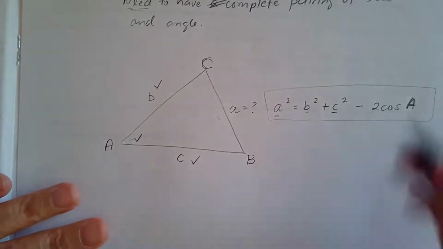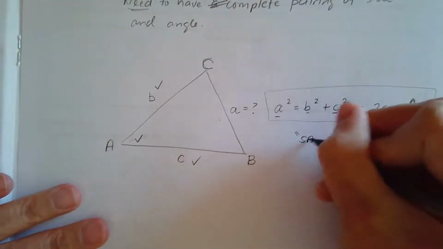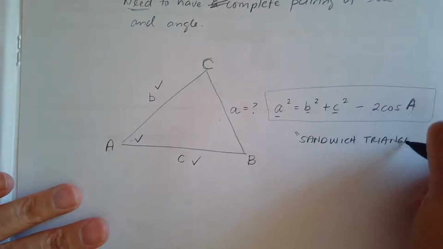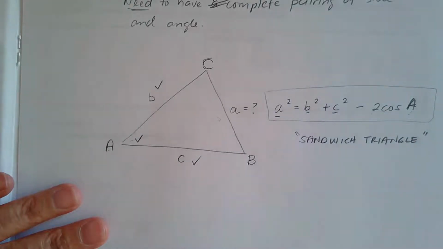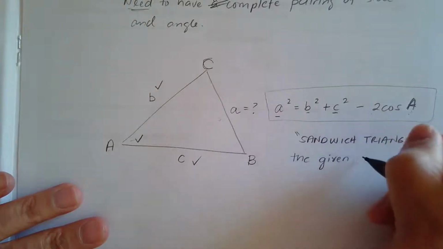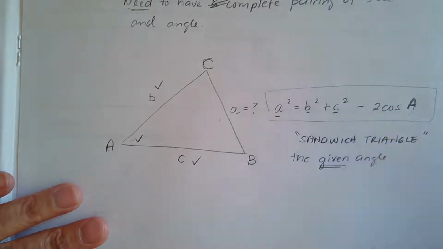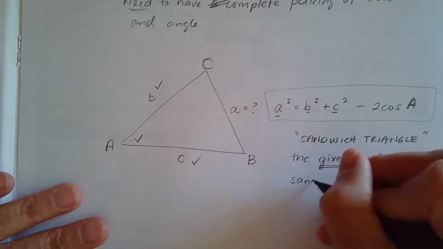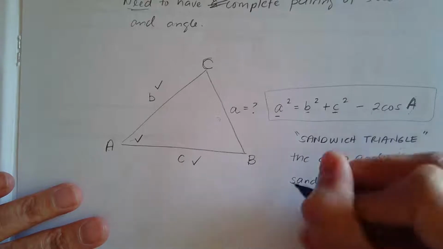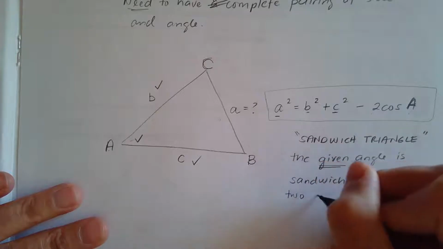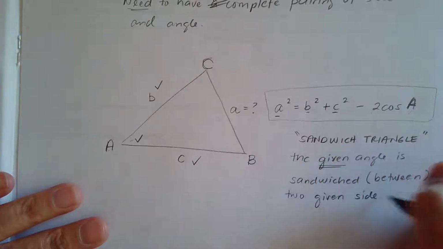Now, I call it a sandwich. Why is it called a sandwich? I call it the sandwich triangle because the given angle, make sure that's the given angle, is sandwiched, meaning between two given side lengths.